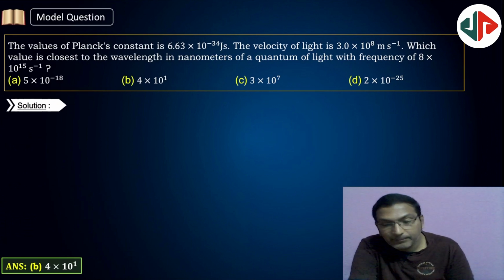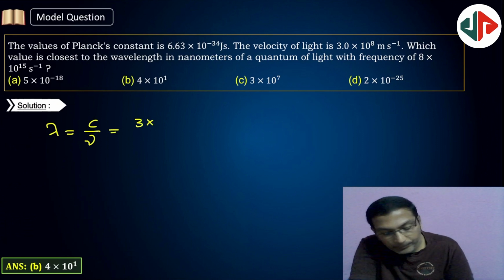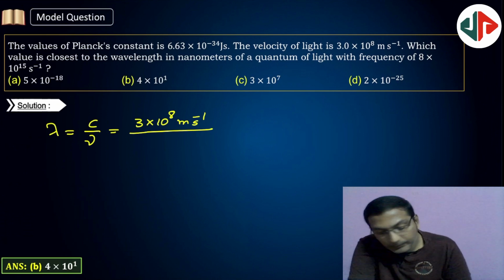Simple question only. We know lambda equals c by nu. C value is 3 into 10 power 8 meters per second, nu frequency is 8 into 10 power 15 second inverse.